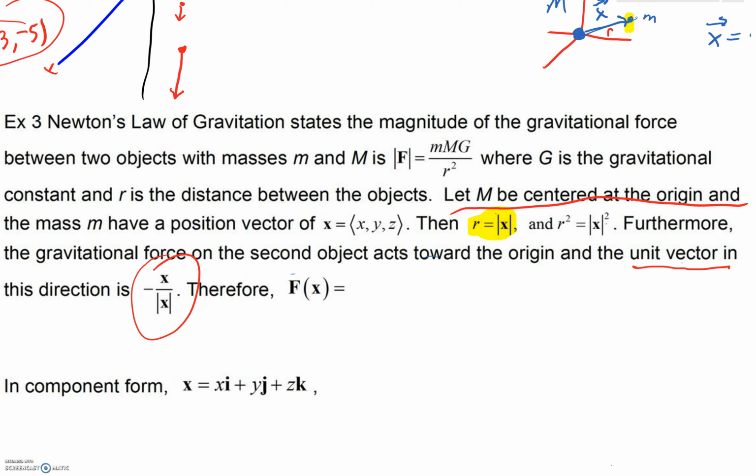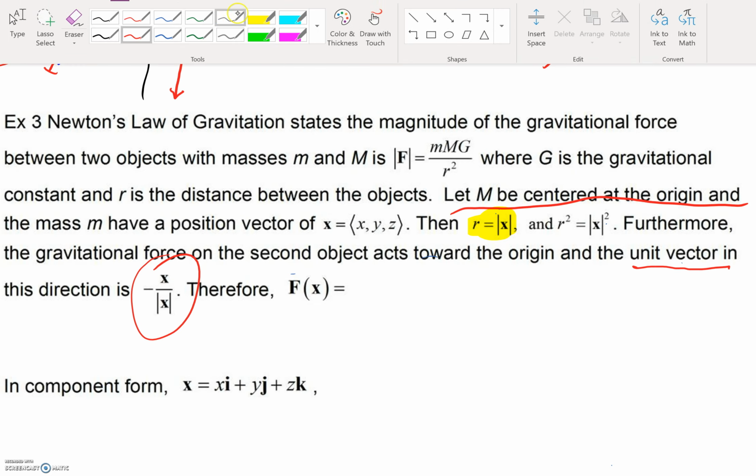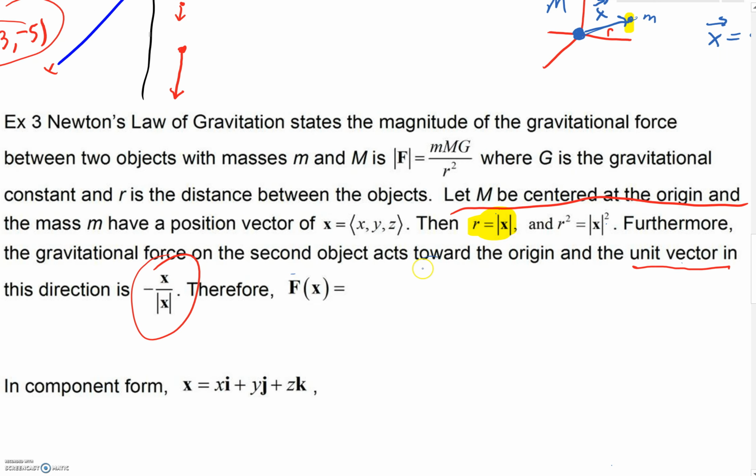So how can we find this force vector? Well, we can say plain and simply right now, we know it's going to be m, capital M, G, all over r squared, but we just said r squared is just like we said right here. It's the length of vector x squared.